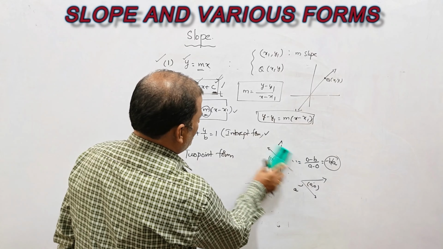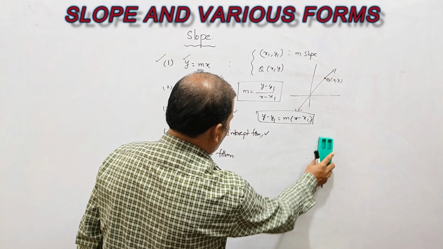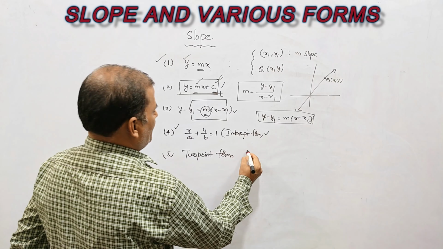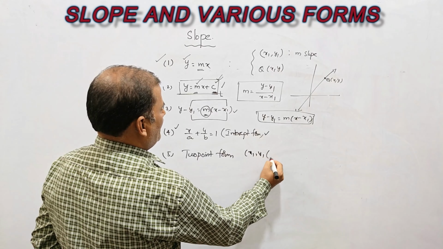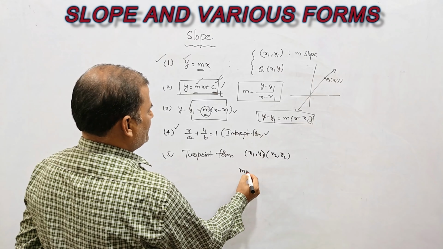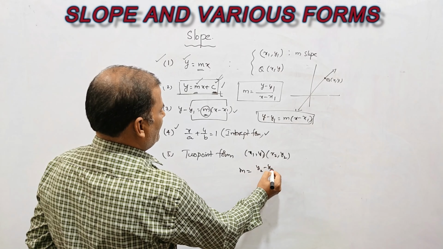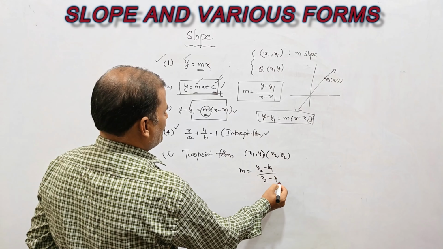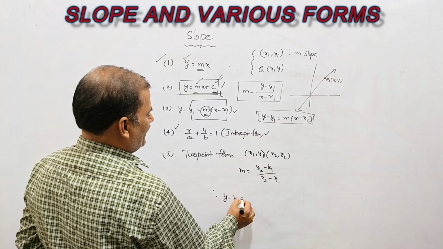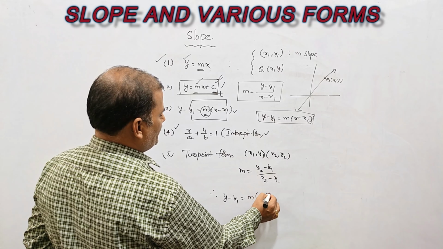And the last one is the 2-point form. Whenever 2 points are given, how do we find the equation of the given line? Take 2 points x1 comma y1 and x2 comma y2. Find the slope here, y2 minus y1 by x2 minus x1. And we know that y minus y1 is equal to m into x minus x1.